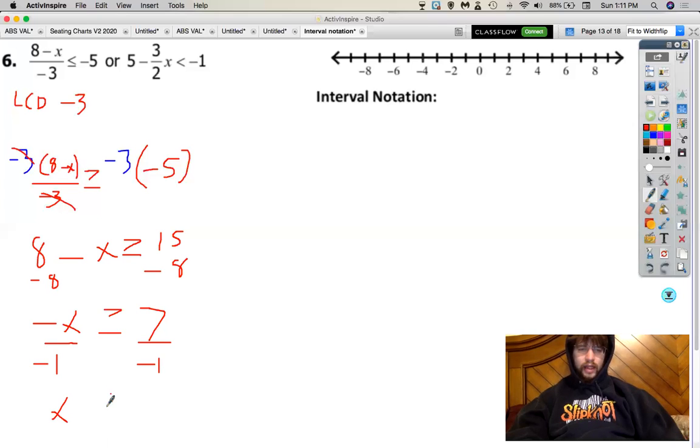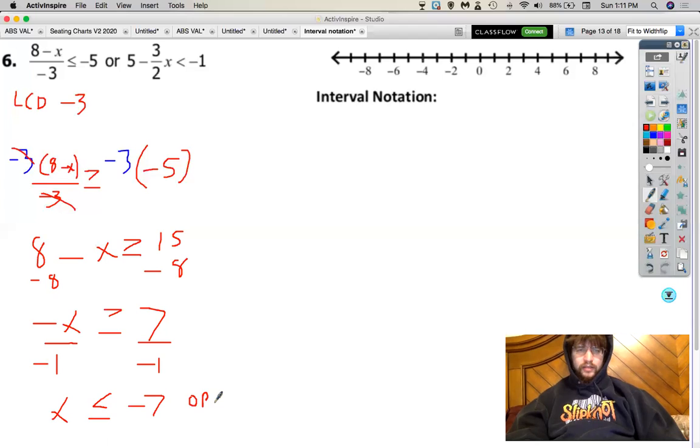Flip it, less than or equal to negative 7. So we had to flip this one twice. That can happen. You can flip it twice, 3 times, 27 times. Pay attention. Anytime you divide or multiply by a negative number, you must change your direction right then and there.